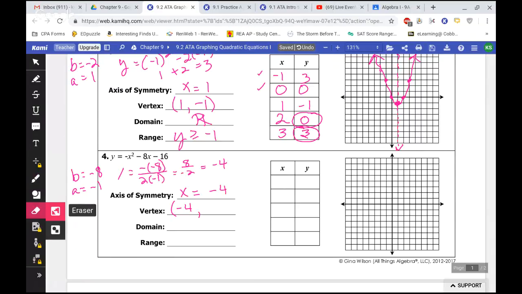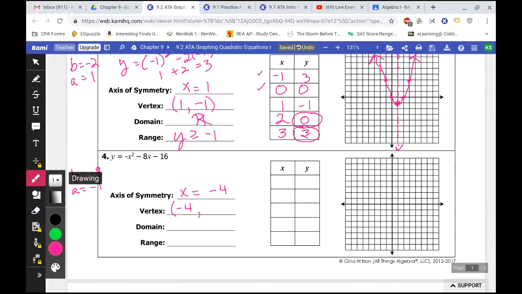And in order to find the y coordinate for my vertex, I will take that value and plug it back into the original equation. Just so you guys know, when that A is a -1, it would make it easier for you to actually write a -1 here to help you remember that when you're calculating.